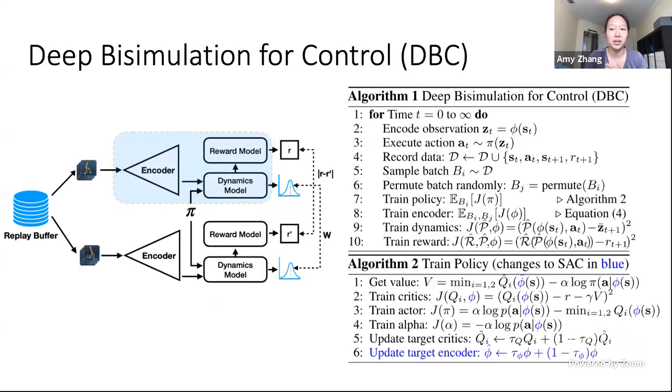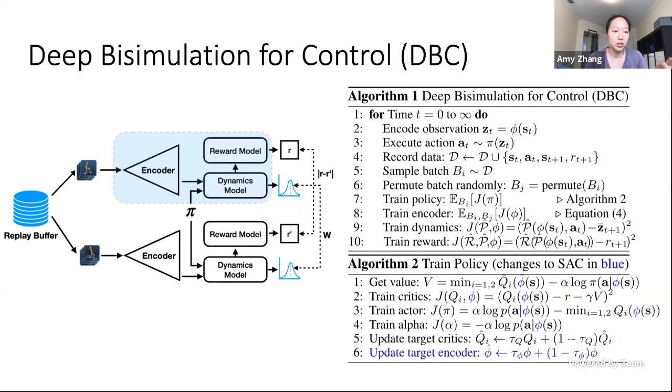And so we can plug this directly into a deep RL algorithm. We call our method deep bisimulation for control, or DBC for short. Here we're just using soft actor critic, but it can be combined with any RL optimization algorithm.